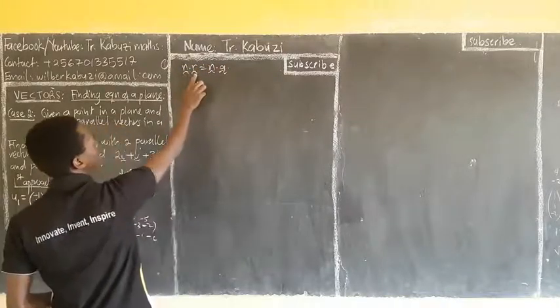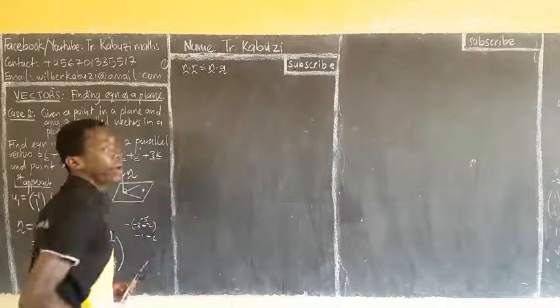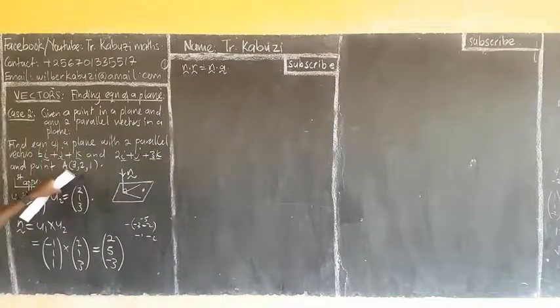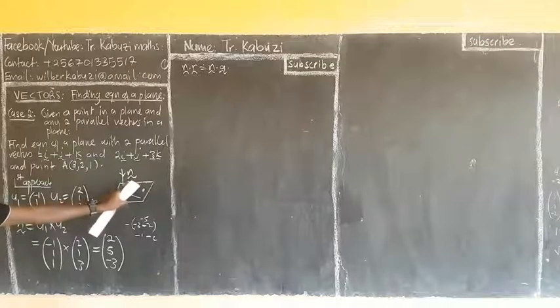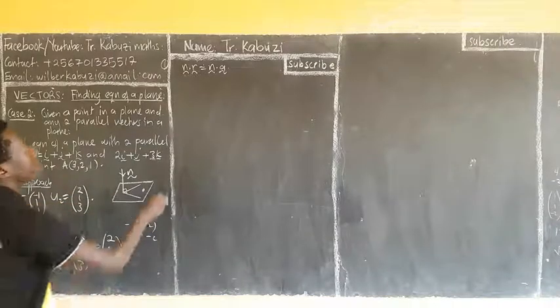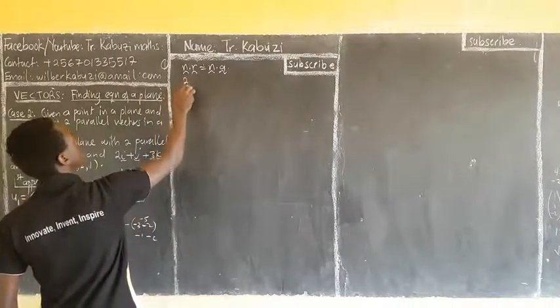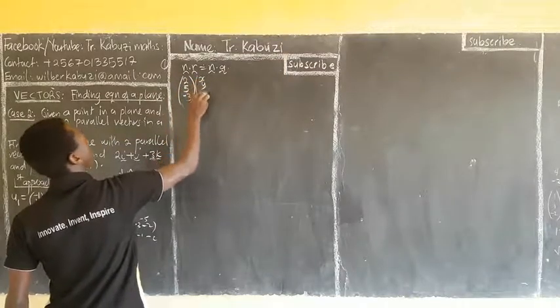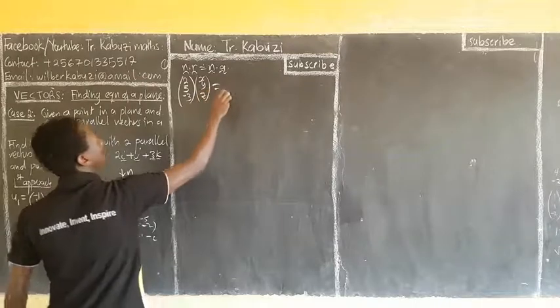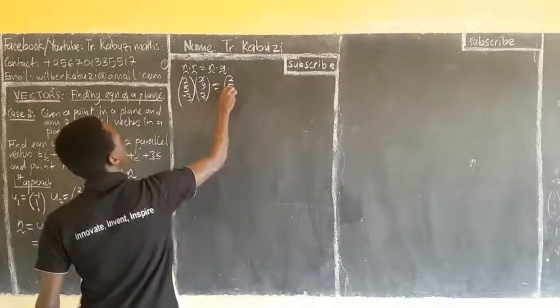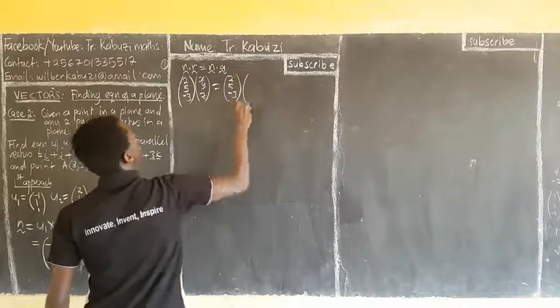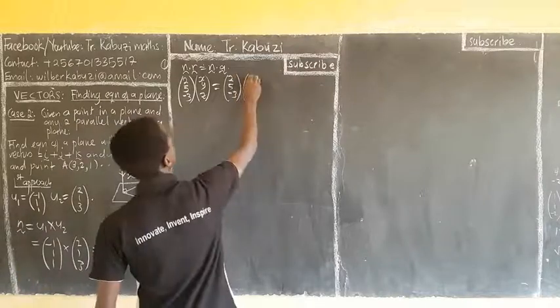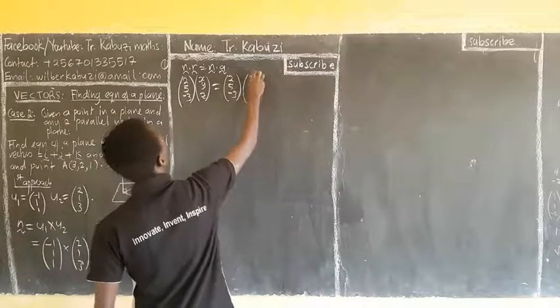Where this is the normal, and this is the point in a plane. They gave us a point here, so we have it, and we have the normal from here. So we just substitute. Then the point is 3, 2, 1.